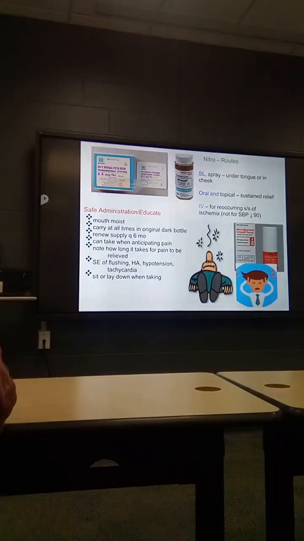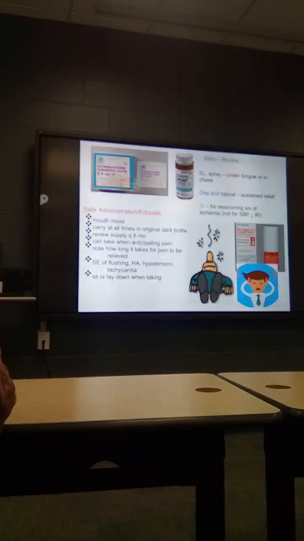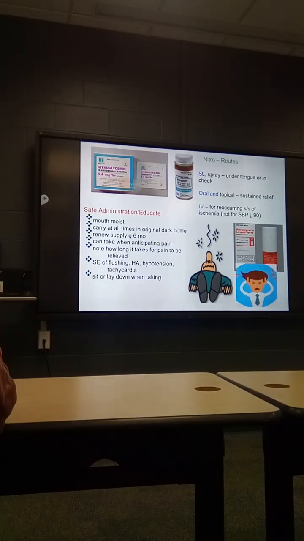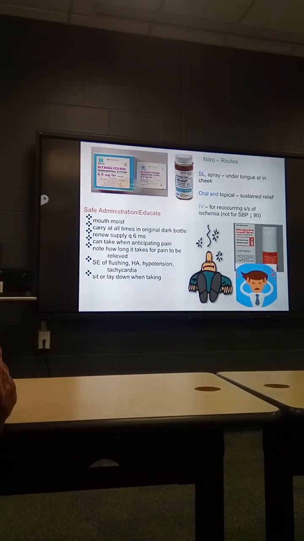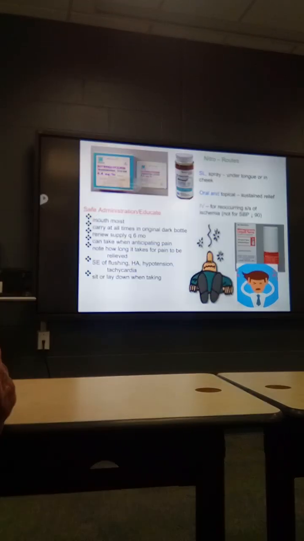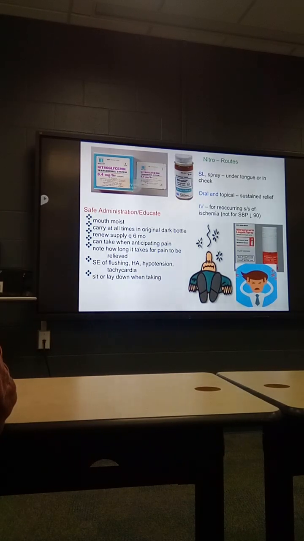I call it a parchment paper with a ruler on it, and you just squeeze a little bit of the paste on the parchment paper, literally an inch of the paste, and we just slap that on their chest. The other route is IV. If their pain is still not being relieved, we could start an IV drip for nitroglycerin.